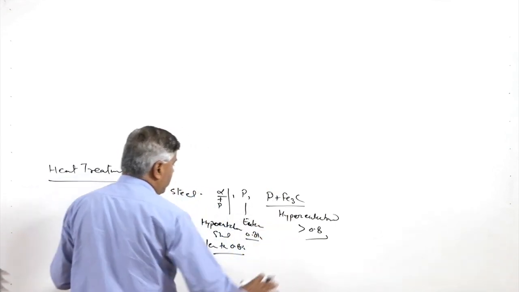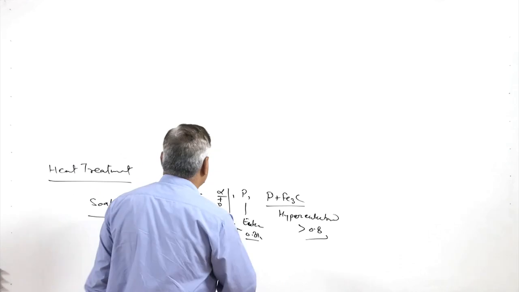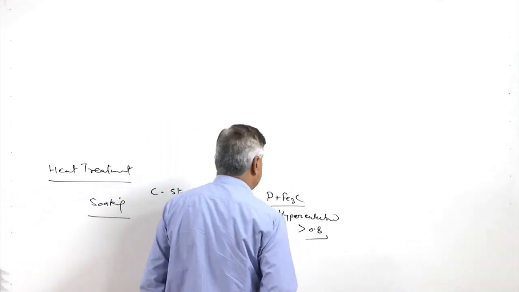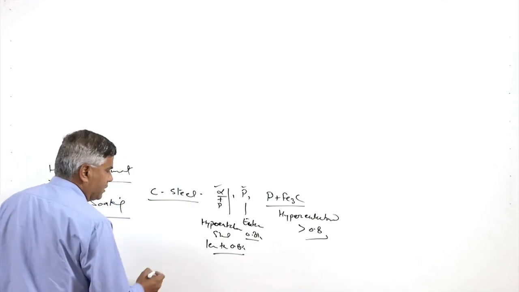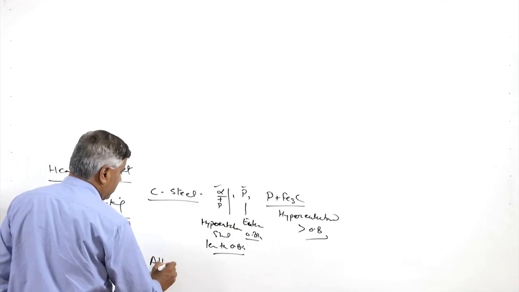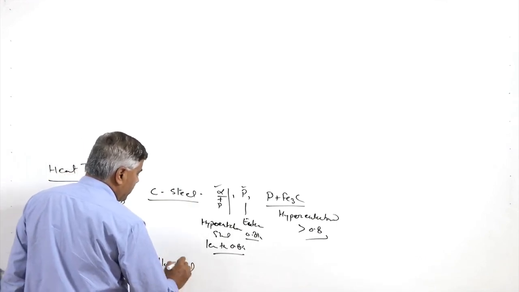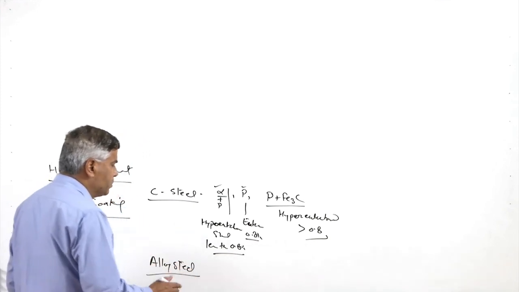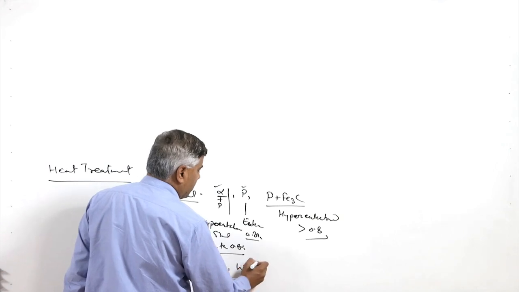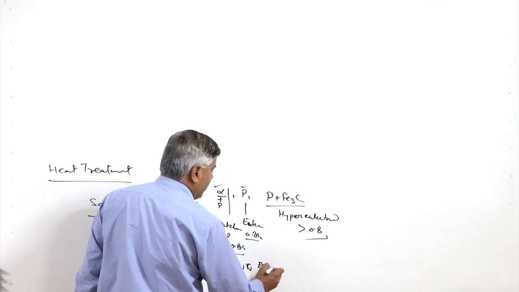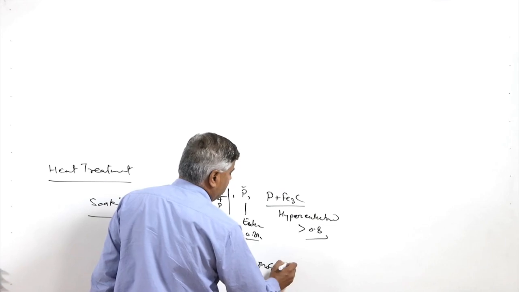So, depending upon the carbon content in steels, different phases are found at room temperature. This is the case of plain carbon steels, while in the case of alloy steels, depending upon the kind of alloying elements present, there may be the presence of vanadium carbide, tungsten carbide, molybdenum carbide, and titanium carbide, etc.